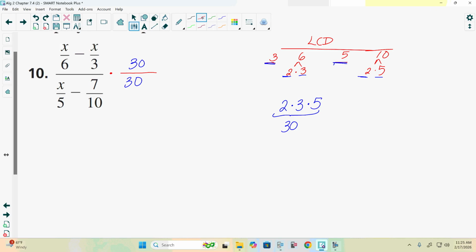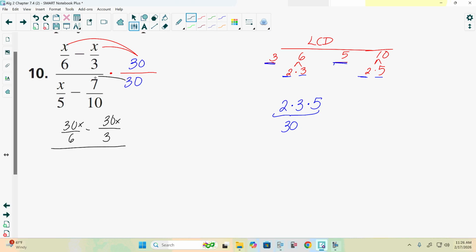And as we do this product, again, we're going to multiply numerators on top by 30. So our 30 times x is going to be 30x over 6, minus 30 times x is 30x over 3.